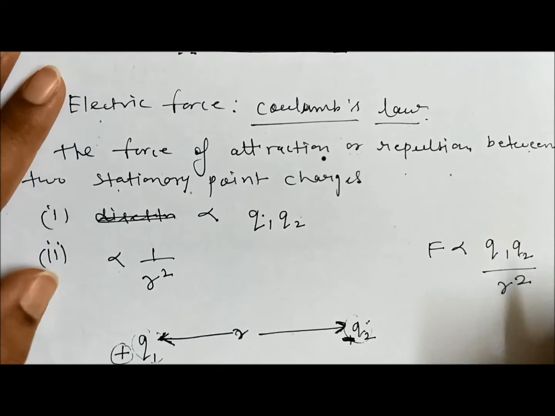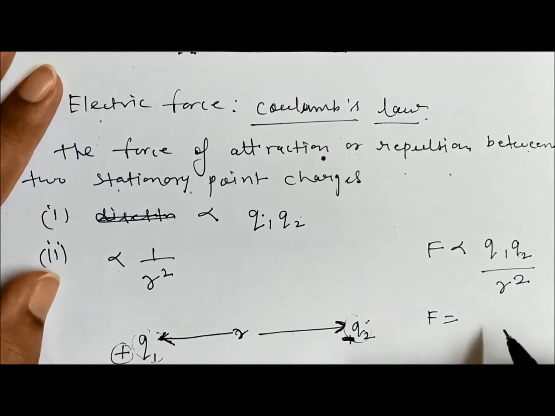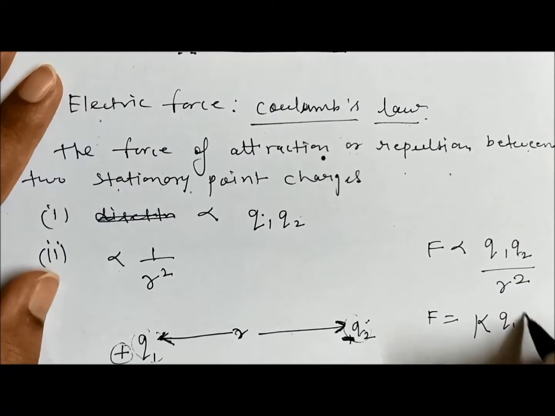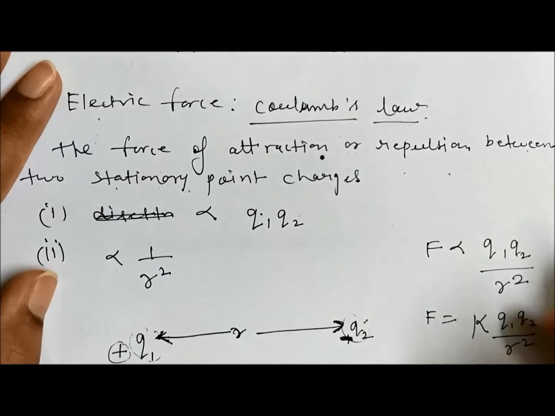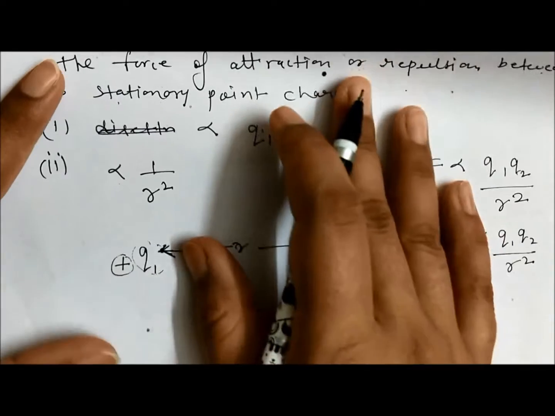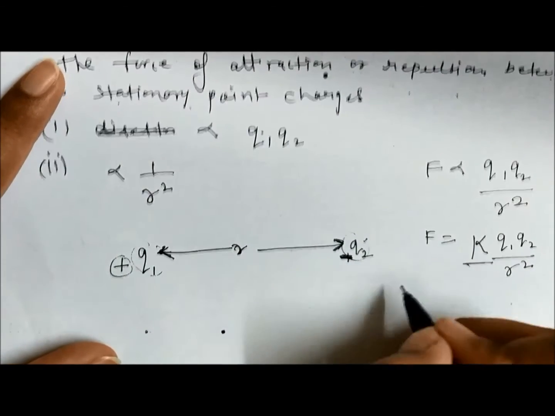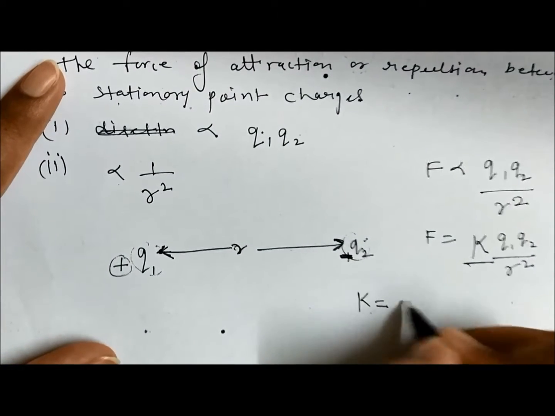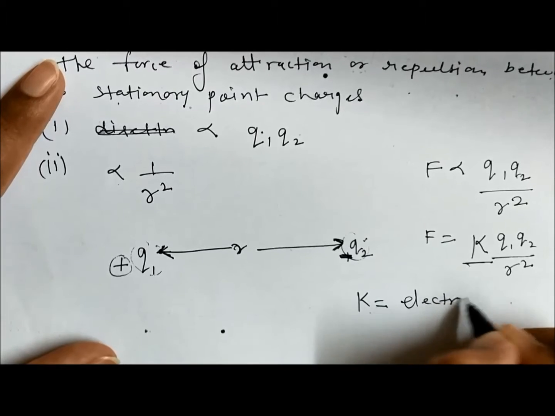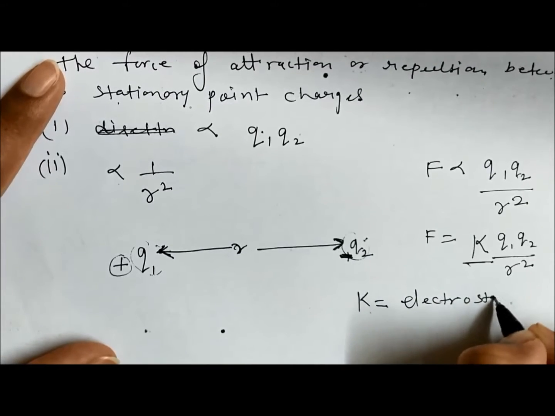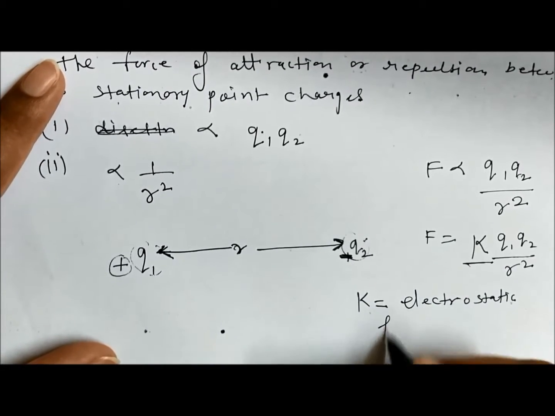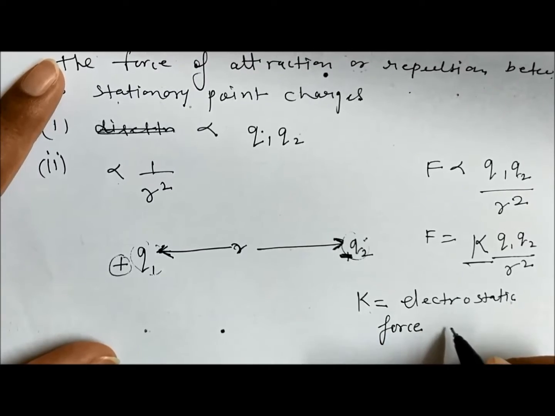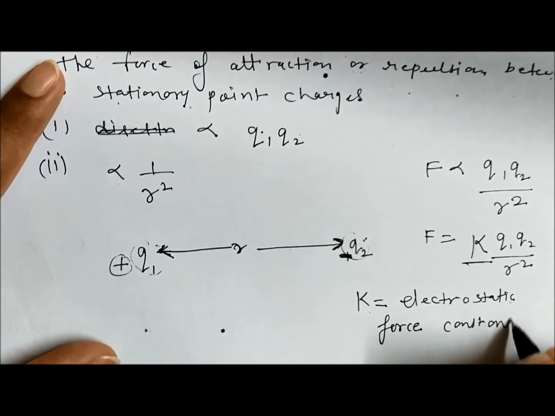Or we can say that F will be equal to K Q1 Q2 upon R square, where K is the electrostatic force constant.